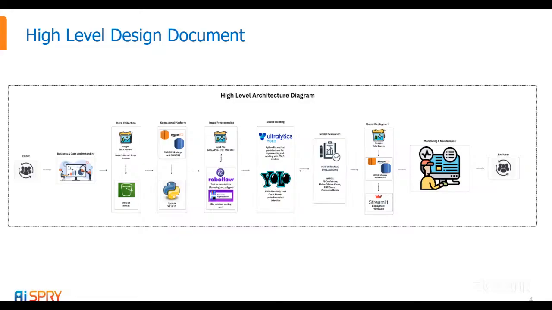Then we proceed to model building, and we build some models using the Ultralytics YOLO model. Then we evaluated the best performing model and deployed it using the Streamlit framework. Finally, we included monitoring and maintenance and handed over the complete solution to the client. So this is the stacked pallet data we have collected.